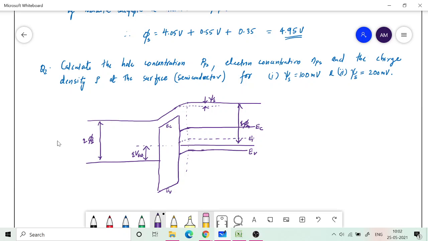So there are two parts again in this problem. Psi s is equal to 100 millivolt. We need to find out the concentration of electrons and holes at this point. Our point of interest is here, and this is basically the x direction.